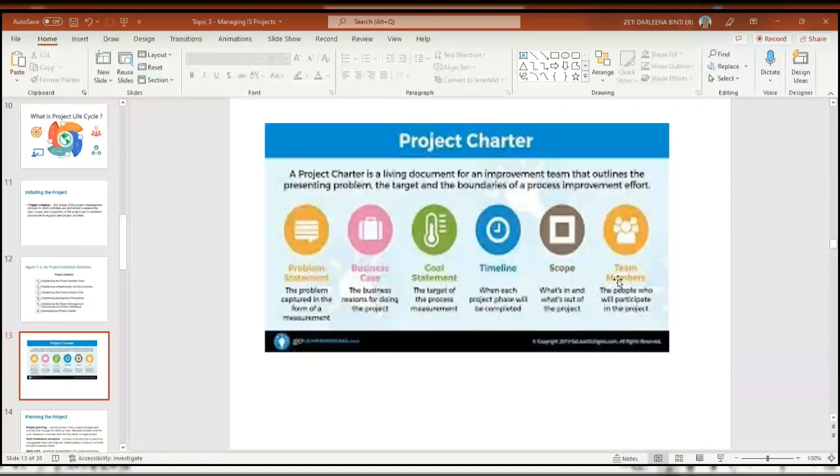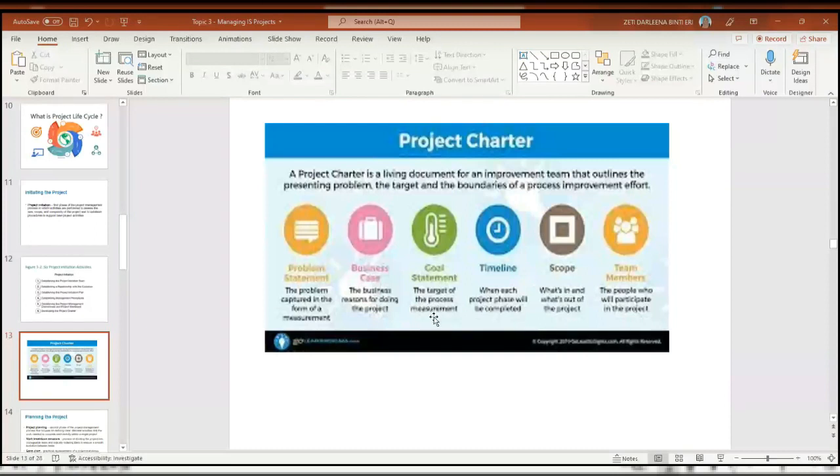So problem statement, basically they capture the problem in the form of a measurement. The business case ni, the business reason for doing the project. So this is why, describing why the project is developed. Goal statement is describing the target of the process measurement.